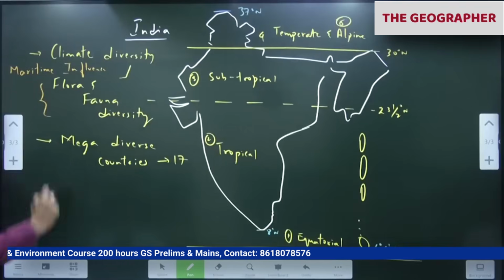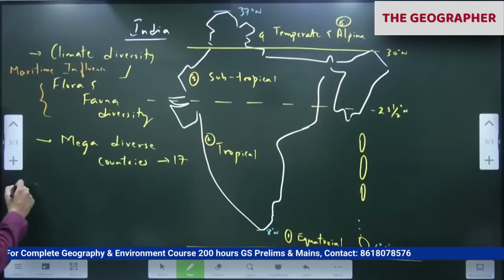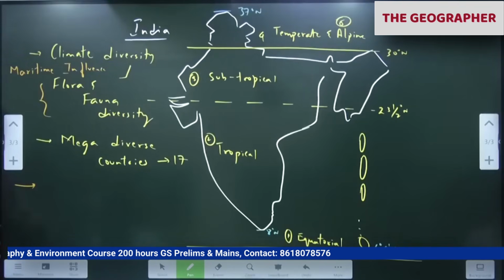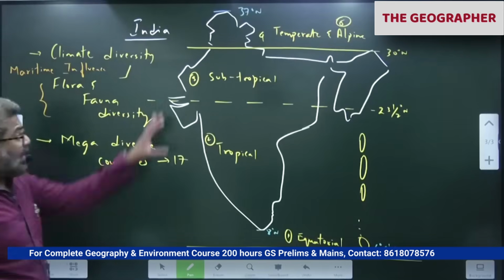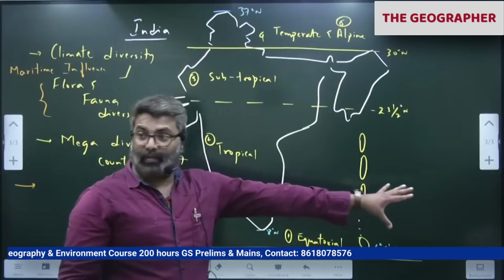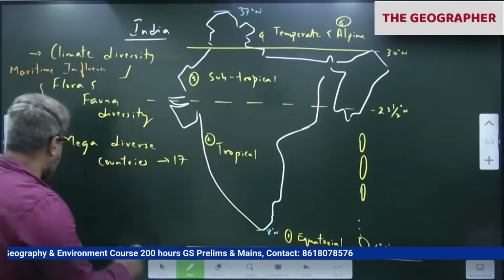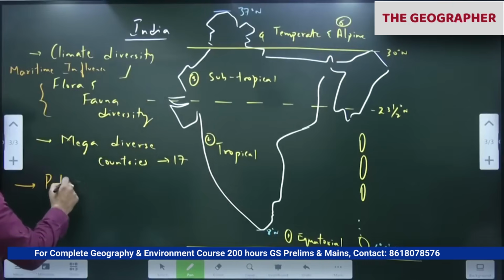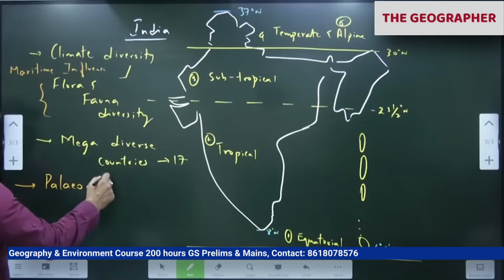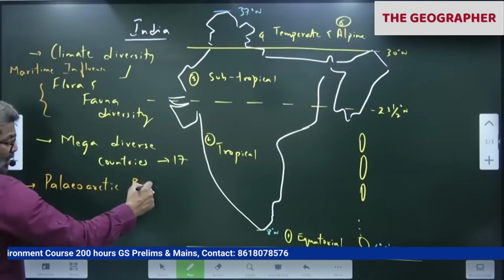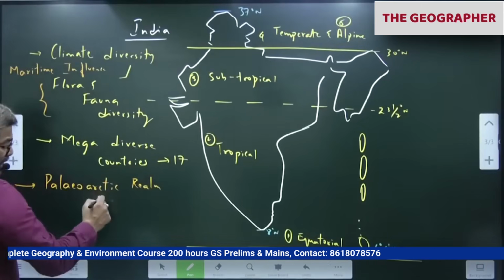So we have flora and fauna diversity. Then, do you also remember India is part of two realms? We are part of the Indo-Malaya realm, and also we are part of the Paleo-Arctic realm. Good. The Paleo-Arctic realm comes in the Himalayas, and the Indo-Malaya realm.